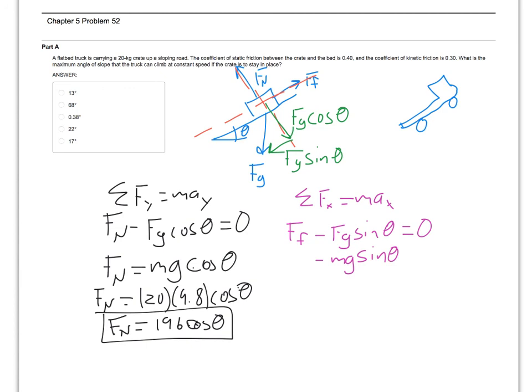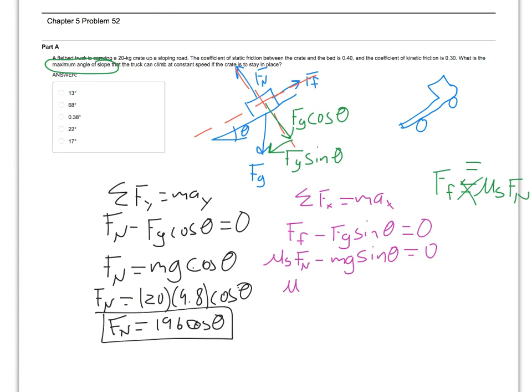The other substitution I can make is, we're dealing with static friction here since we're not sliding, so Ff is less than or equal to mu times my normal force. And since we're looking for the maximum angle, that tells me that force of friction will be at a maximum here, so I can say that they're just equal. And therefore I can substitute in mu s times my normal force for the force of friction. And that needs to add up to 0.